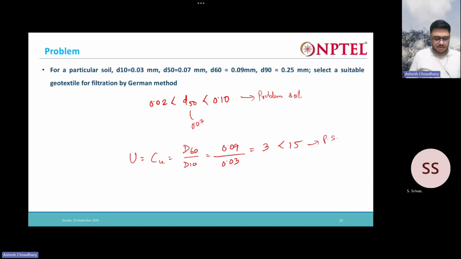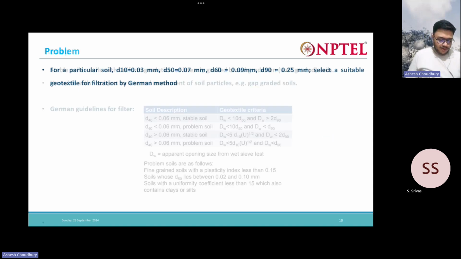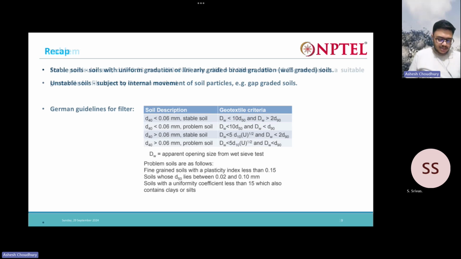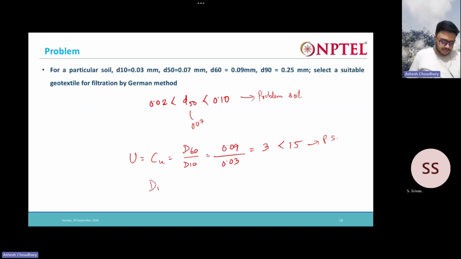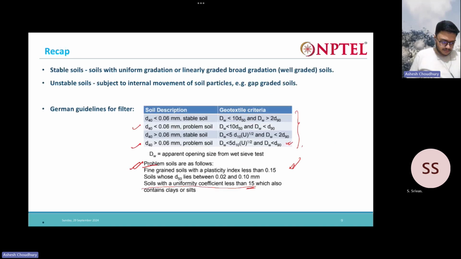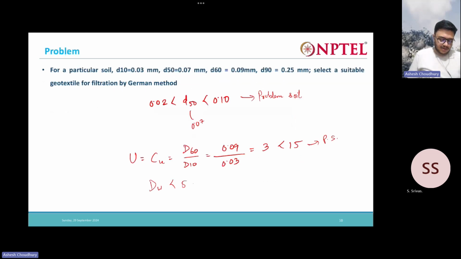Now we decided that we will be following this criterion. dw is the apparent opening size of the geotextile that you are going to use as a filter. dw should be less than 5 d10 U to the power 1 by 2, and dw should be less than d90.